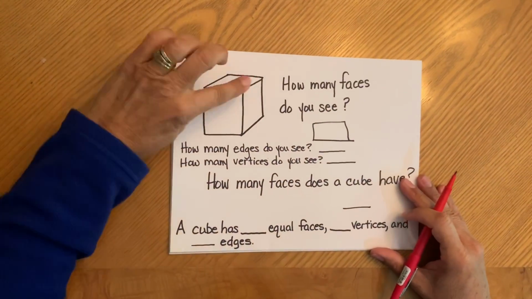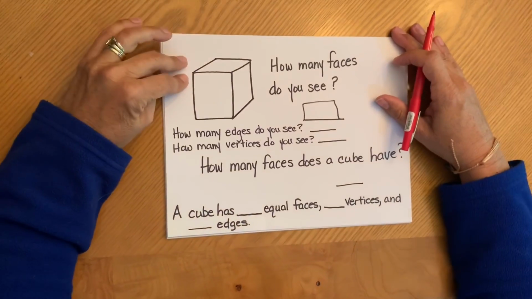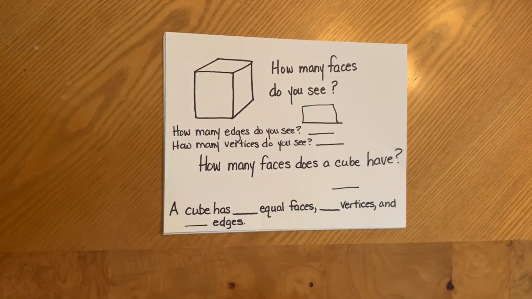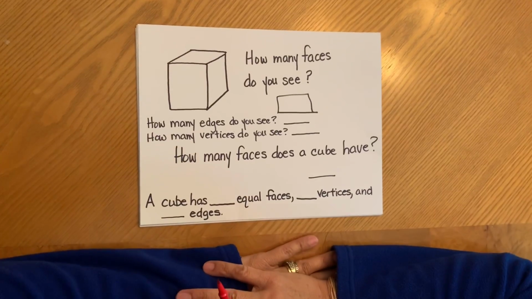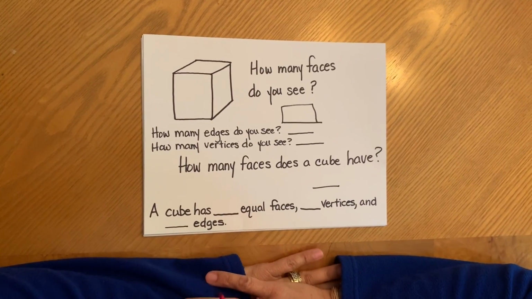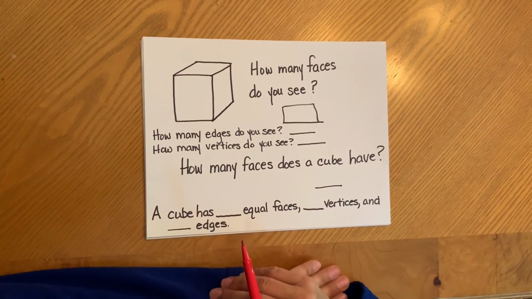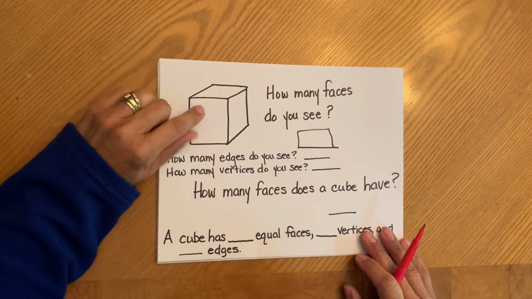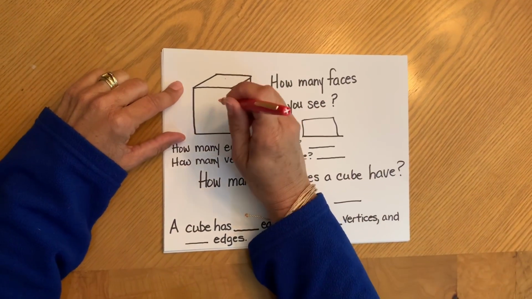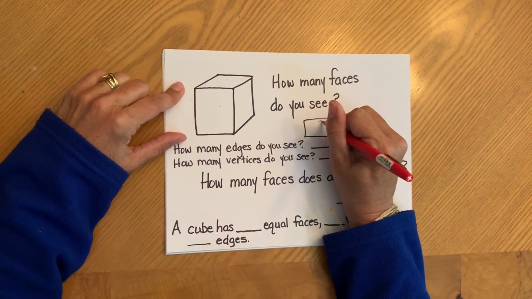One of the questions that I noticed a lot of people got wrong on one of the lessons this past week and a half is how many faces do you see? A lot of people wrote down how many faces are on a cube, but this particular question says how many faces do you see? And we see 1, 2, 3 faces.